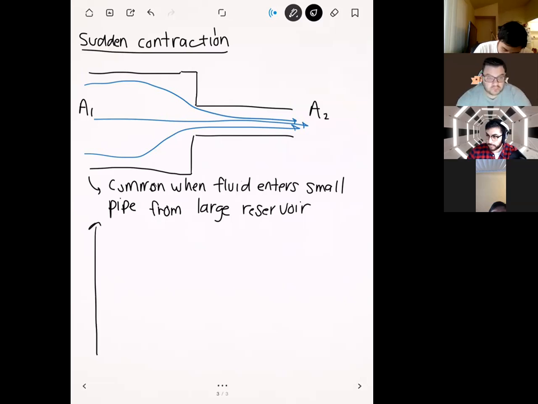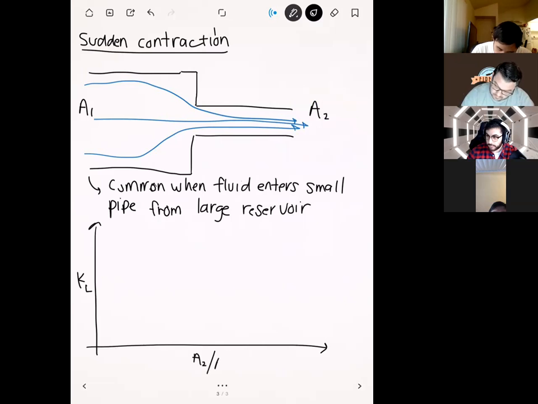And so the loss coefficient is given by a graph that's like this. On the left-hand side, we have the loss coefficient. And on the x-axis, we have the ratio of A2 over A1. The bounds for this graph are that on the left here, we have 0.0, and on the right here, we have a bound of 1.0.